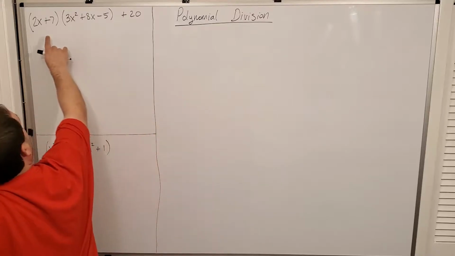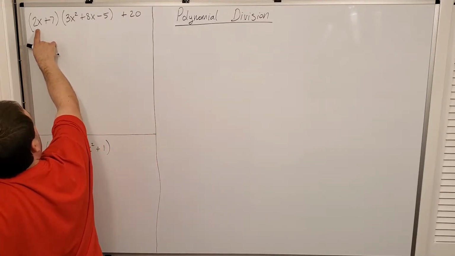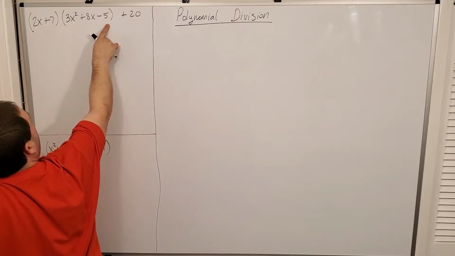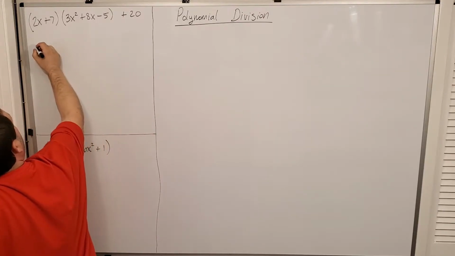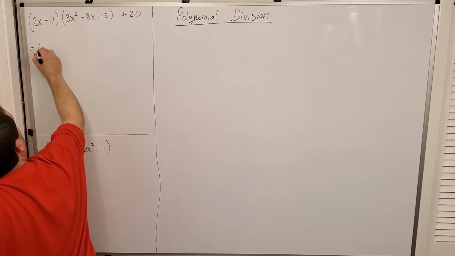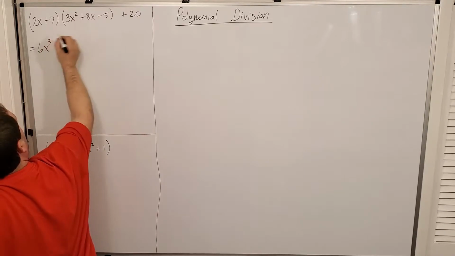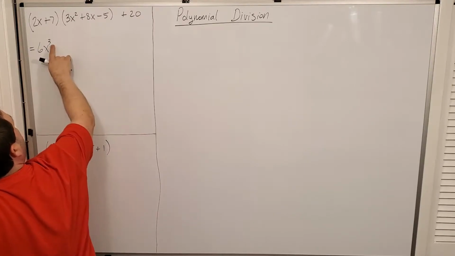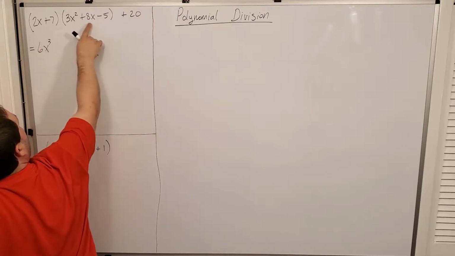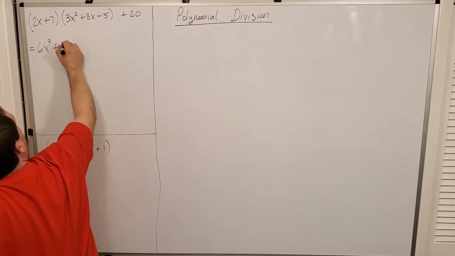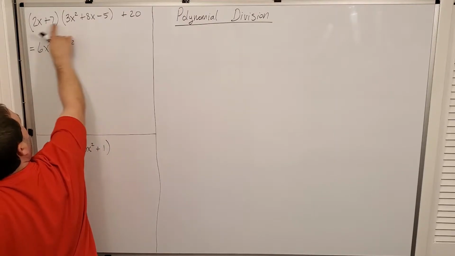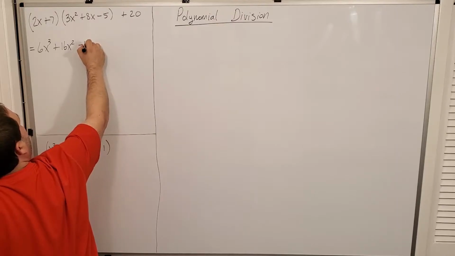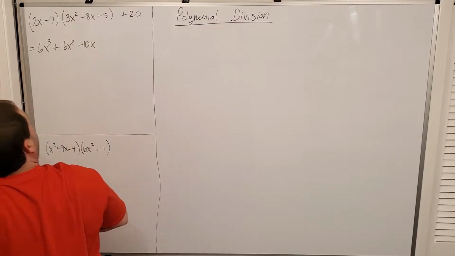So let's multiply out here. I've got the 2x that I'm going to distribute. That's going to give me 6x cubed, x times x squared is x cubed. And then 2x times 8x is 16x squared, and 2x times negative 5 is minus 10x.